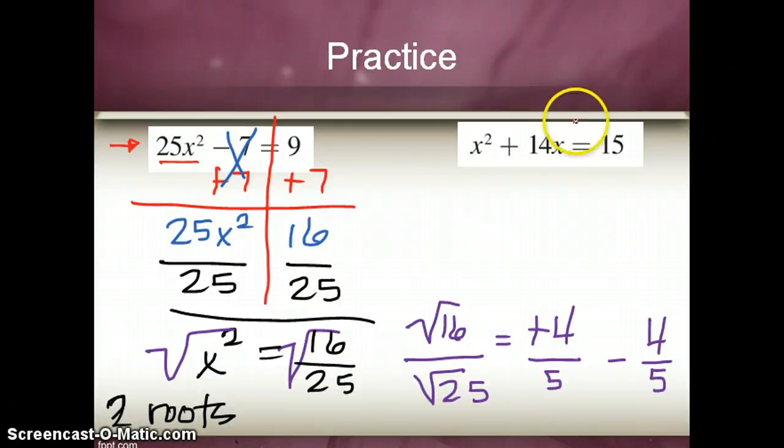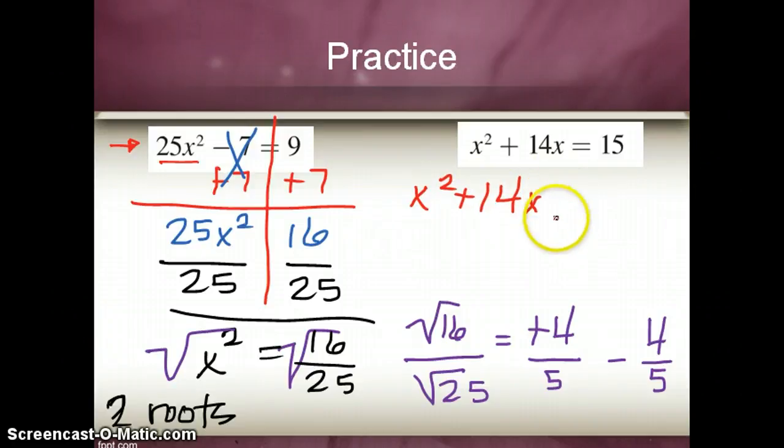If we're looking at the problem on the right, I can't factor this. I can't solve this equation because I have an x squared and an x. That doesn't help me. But this would be a great problem where I could complete the square. So I'm going to rewrite this.